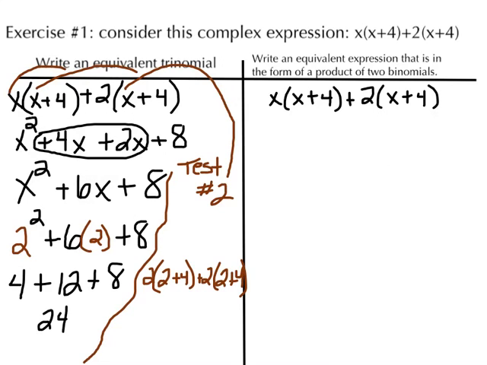So 2 plus 4 is 6, times 2 is 12. 2 plus 4 is 6, times 2 is 12. So 12 plus 12 is going to give me 24. This test proves that this expression here and this expression up here are equivalent, because when they are tested out, they come up with the same answer of 24.